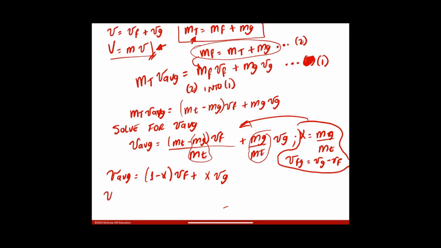So I need to develop this equation a little bit more. Vf minus x Vf plus x Vg. Okay, cool, that's fine. This is a little bit more like Vf plus x that multiplies Vg minus Vf.